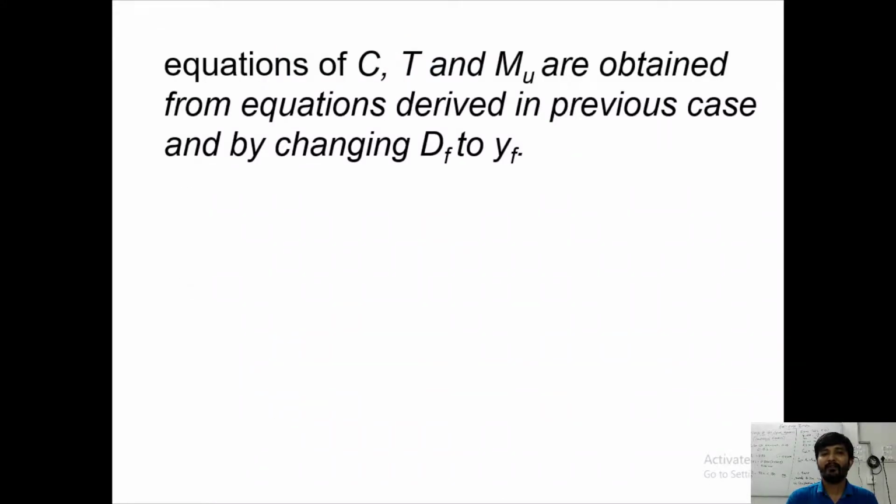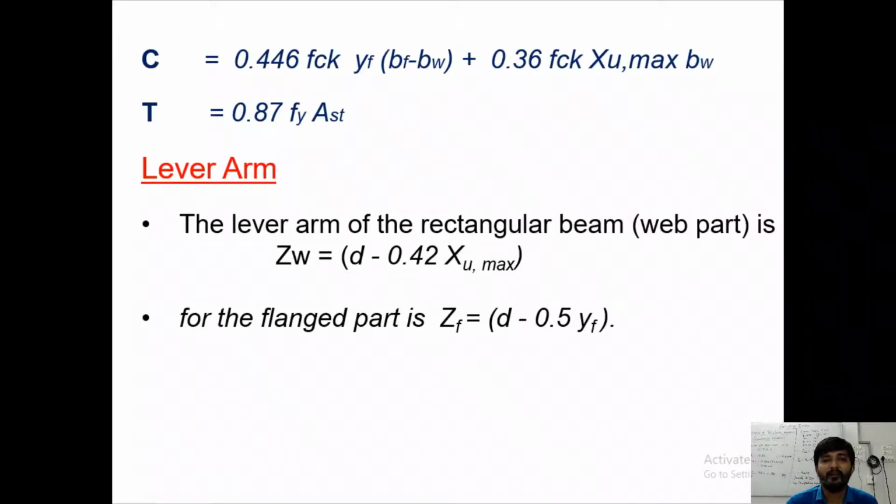So the equations of C, T and Mu are obtained from equations derived in the previous case only by changing DF to YF. So wherever you have DF value in the previous equation, you replace that with the value of YF. So here C will become by replacing YF. So this is YF here, right? And all the other equations are the same. In terms of lever arm, you have YF here.